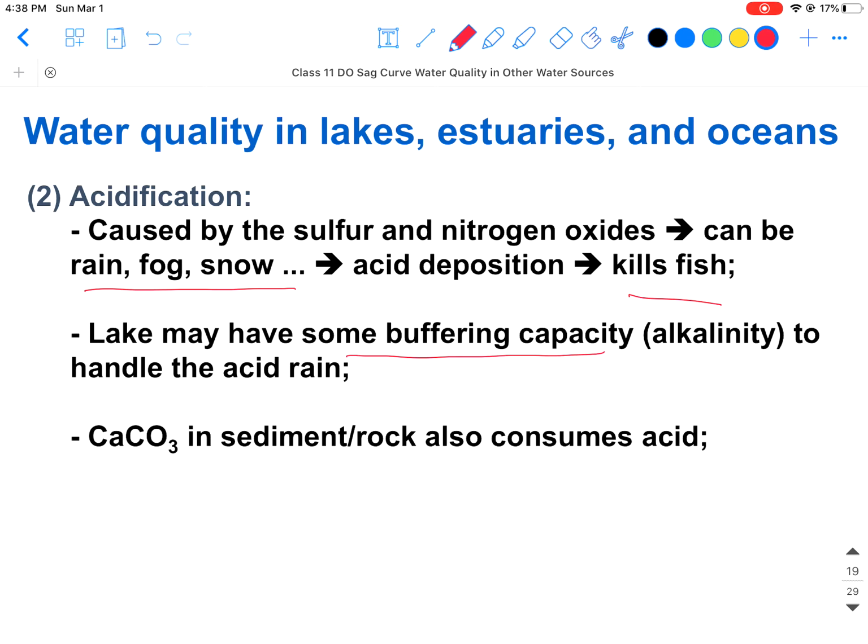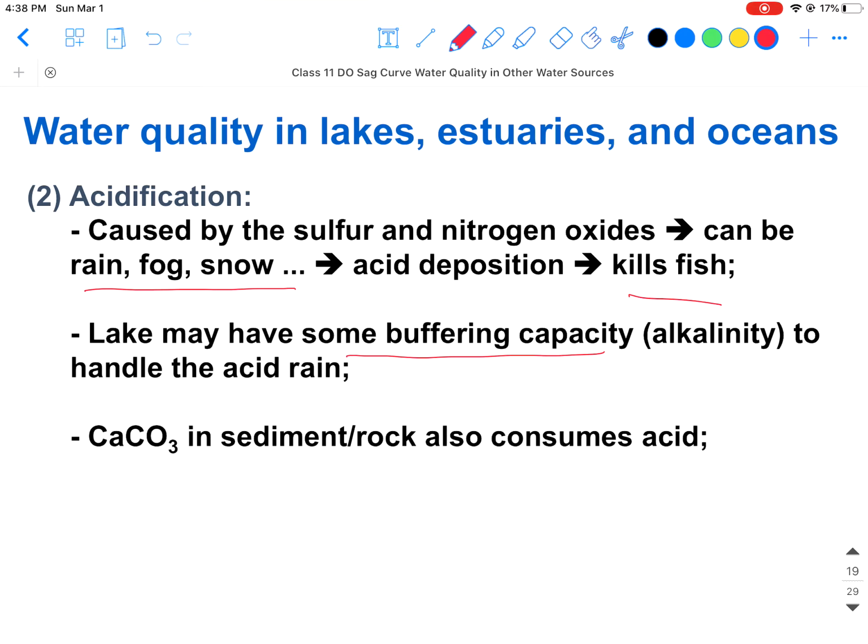And lakes may have some buffering capacity, because we introduced earlier that there are a lot of carbonate and bicarbonate ions in the water, so they can handle this acid rain. But still, if we create a lot of these acidic species, they're going to kill the capability of the buffering species in the lakes.